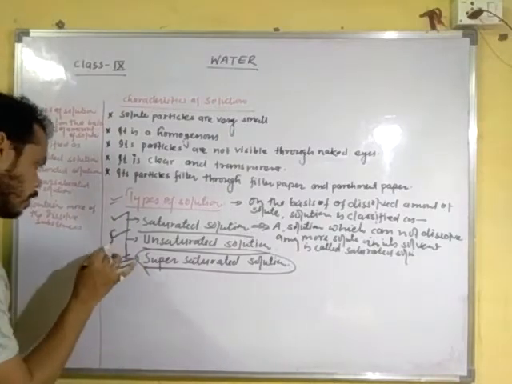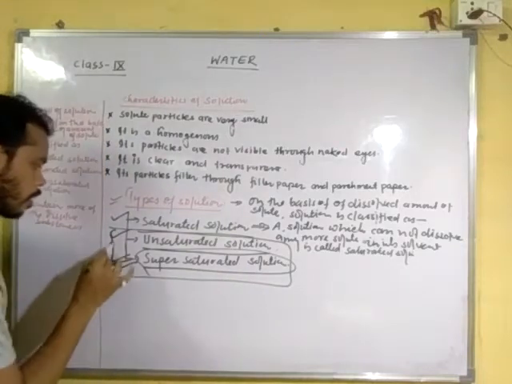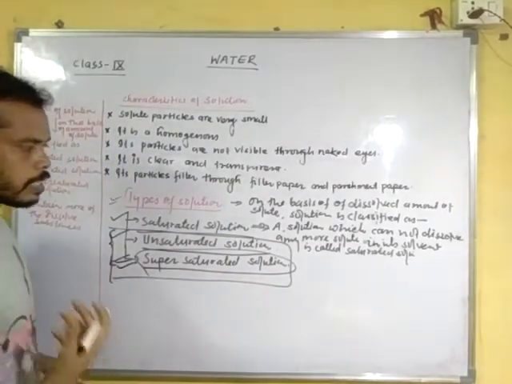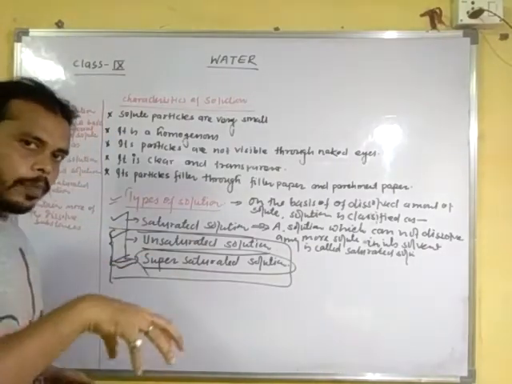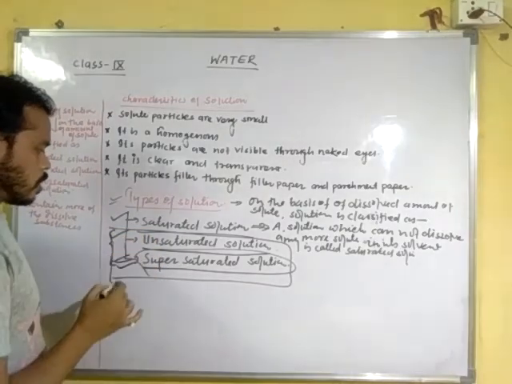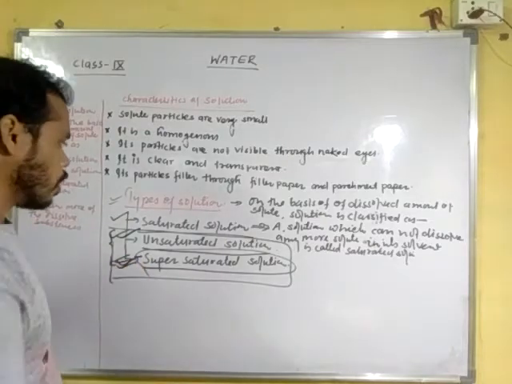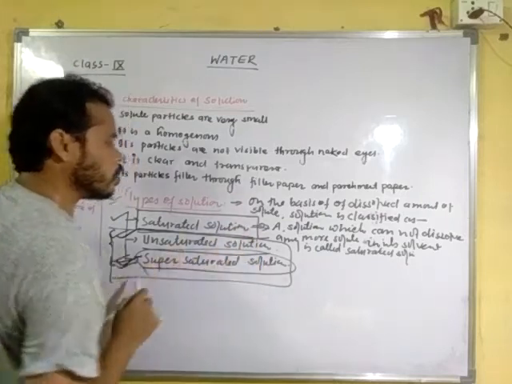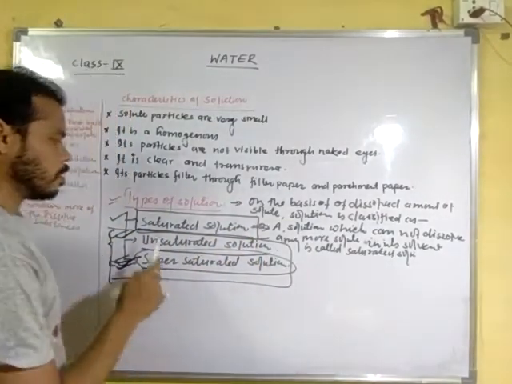That means in this condition, spaces increase by increasing the temperature of the solution, and more solute particles can be dissolved. But in normal conditions, this type of solution is found where no more solute can be dissolved.